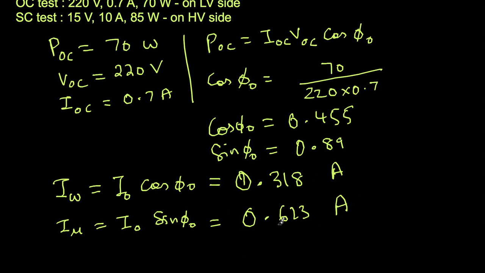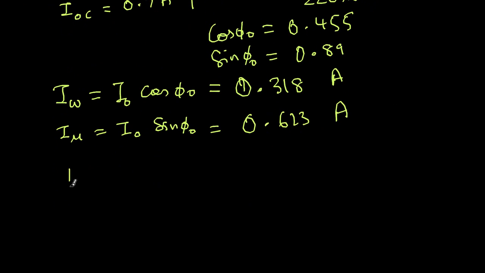So I got these two currents, and once I have this, using the voltage I can find R naught and X naught. R naught is V naught by I W, and X naught is V naught by I mu.